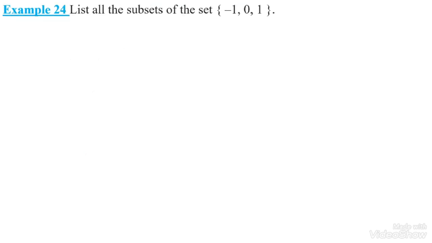Now consider the next example. Example number 24: List all the subsets of the set containing the elements -1, 0, 1. Already we discussed the concept of subsets in the last session. Here there are three elements, so as we know from the concept of power set, P of n is equal to 2 to the power n.